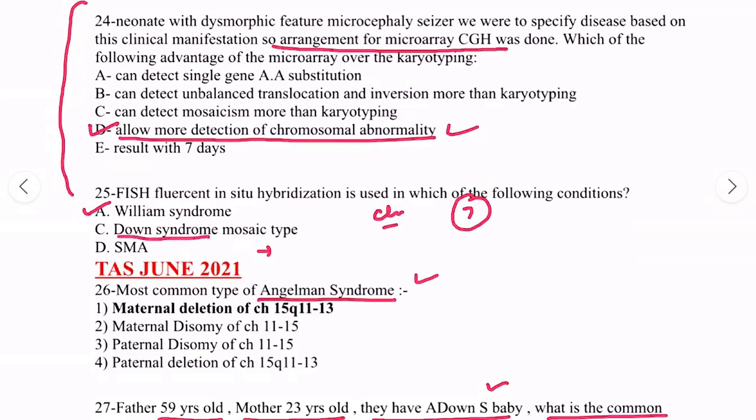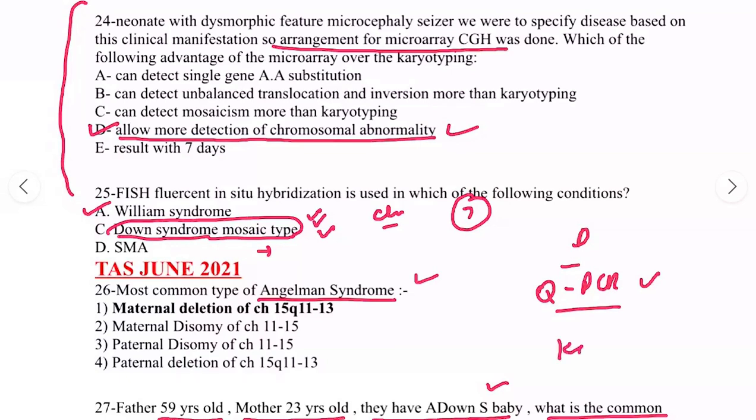Down syndrome, how is it diagnosed? For Down syndrome, we go for quantitative PCR on the first day of life, which comes early, then we go for karyotyping. A is the answer for question 25.